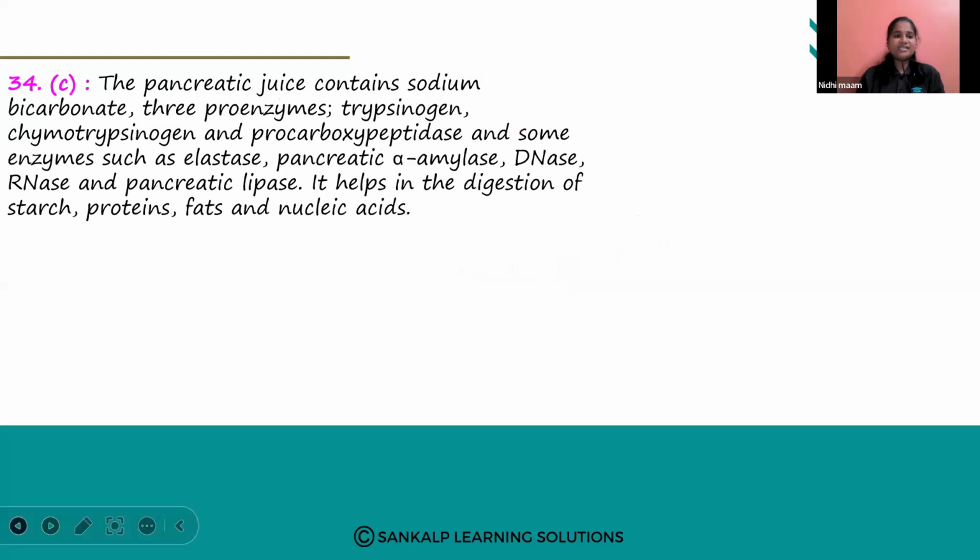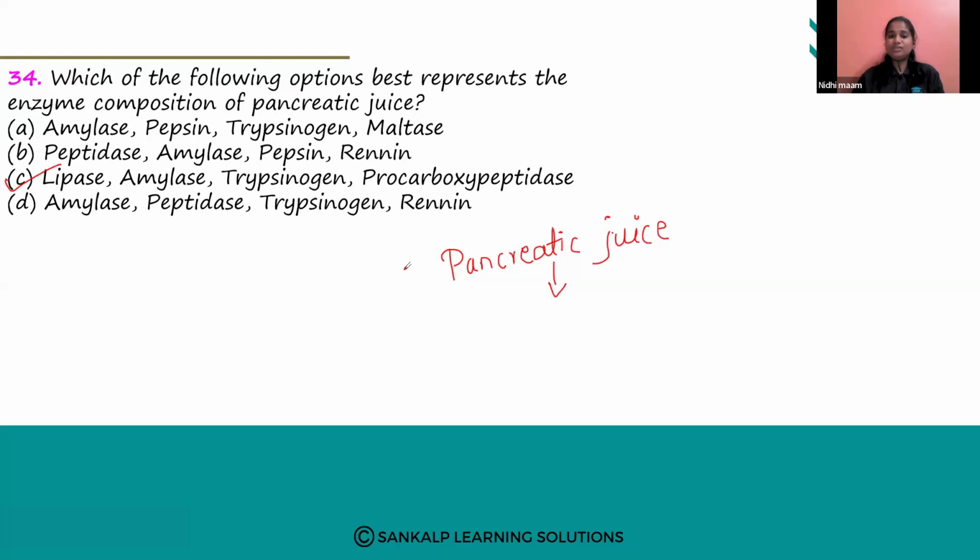Option number C. As I said earlier, pancreatic juice contains all the enzymes used to break down all kinds of nutrients. To break down carbohydrates, it has amylase.